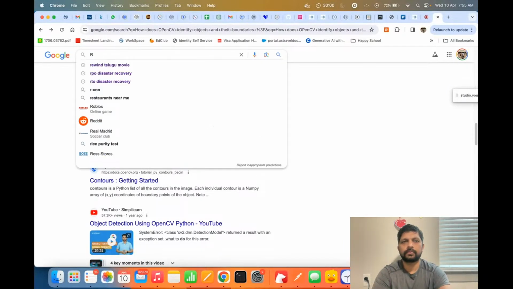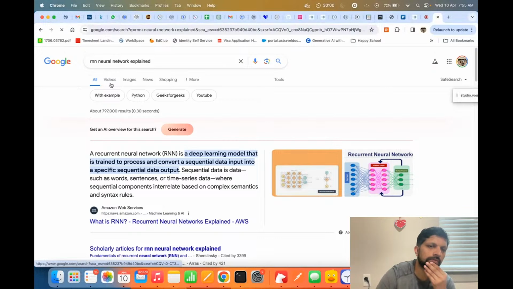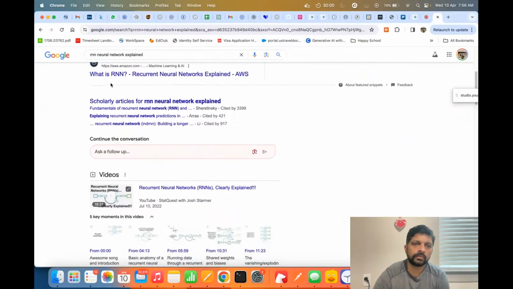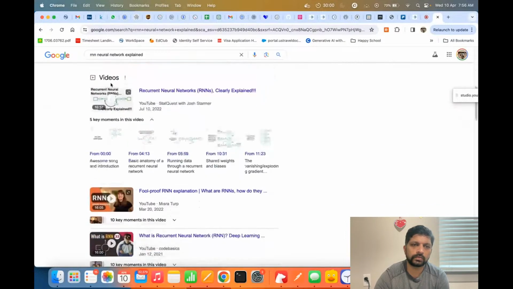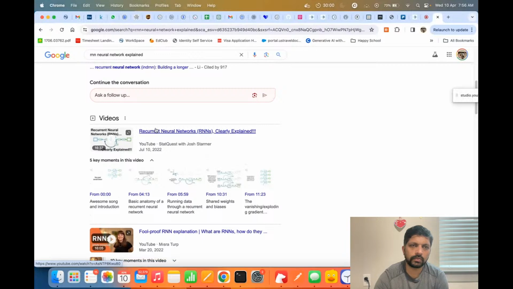It is a model trained to process and convert sequential data input into a specific sequential data output, like words, sentences or time series data, where the components are sequential.